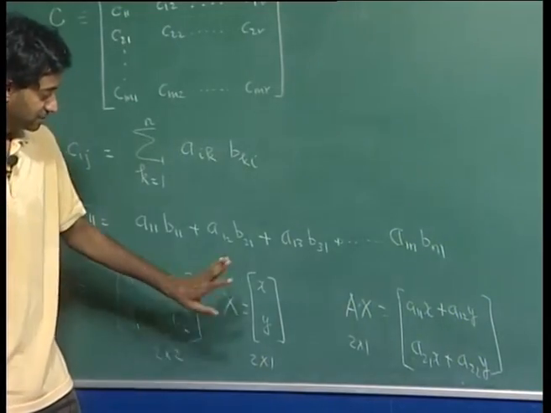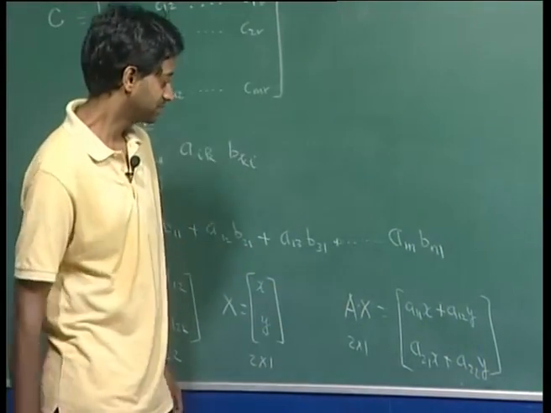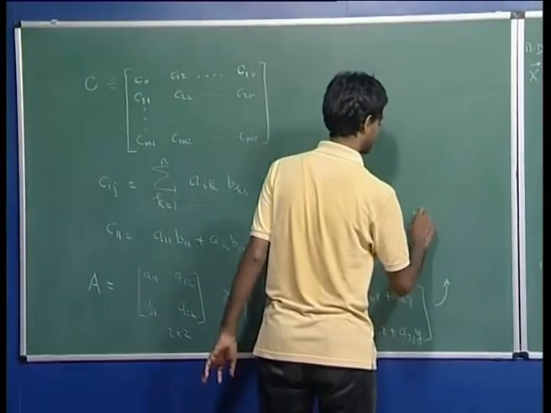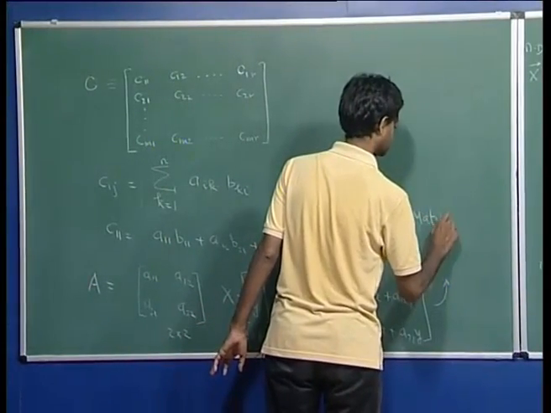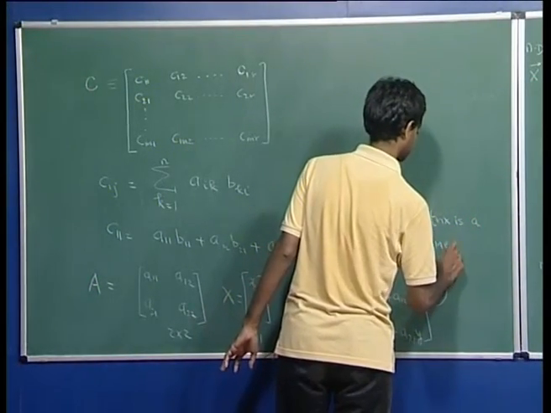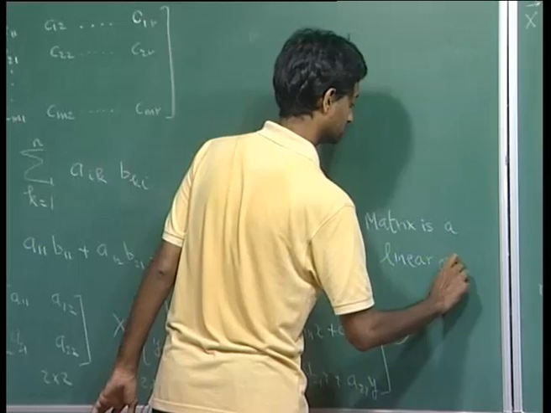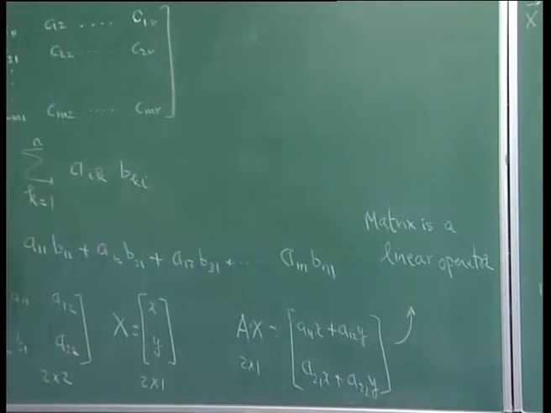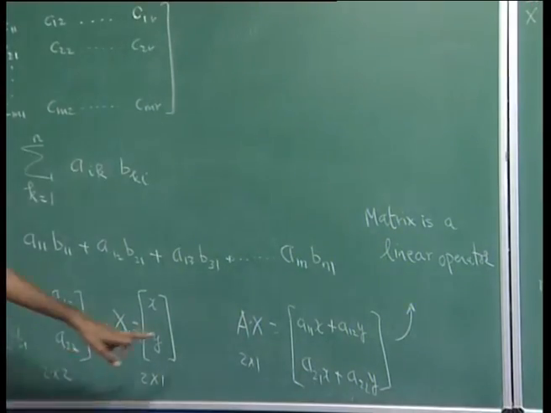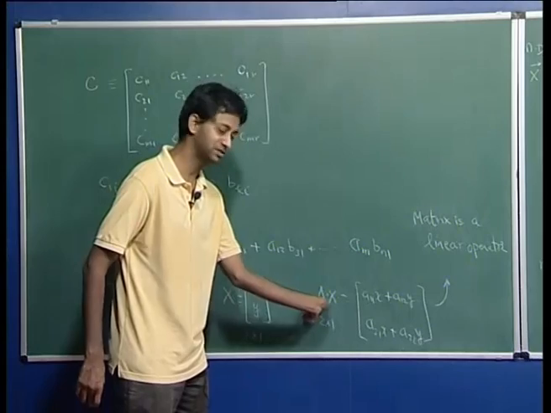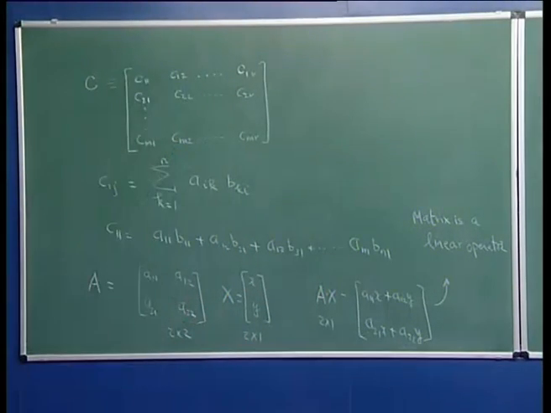So, therefore, a matrix is a linear operator. So, this implies that a matrix is a linear operator. Okay. So, if I multiply a matrix on the sum of two vectors, it will be the sum of the matrix multiplying the vectors. Okay.